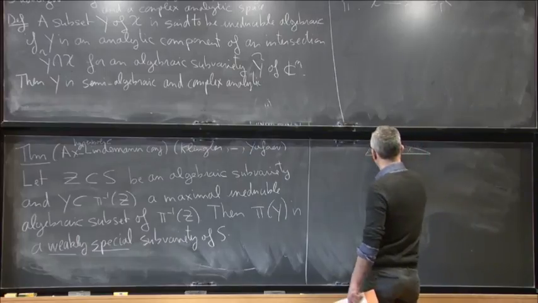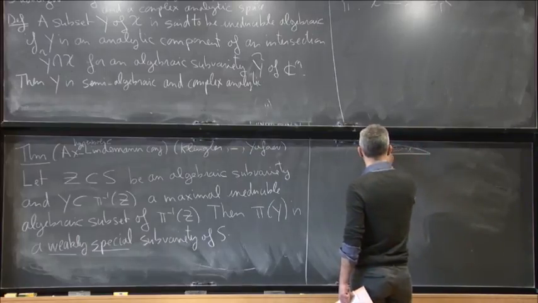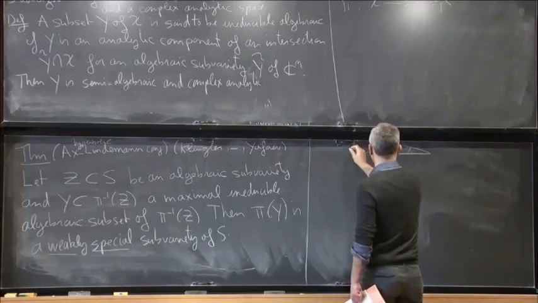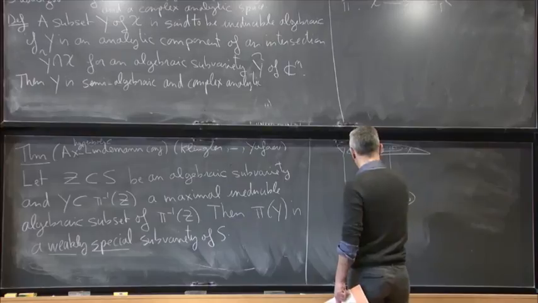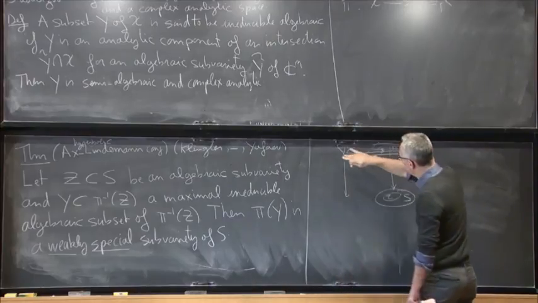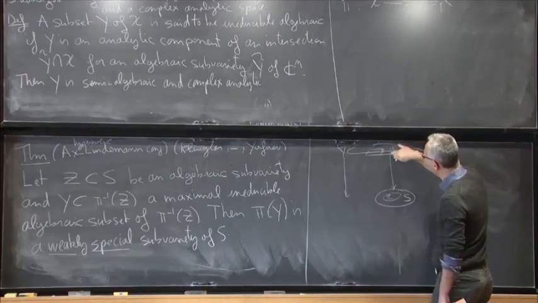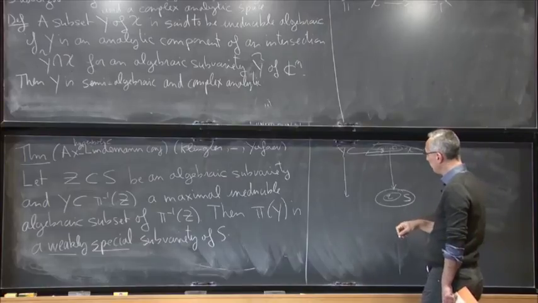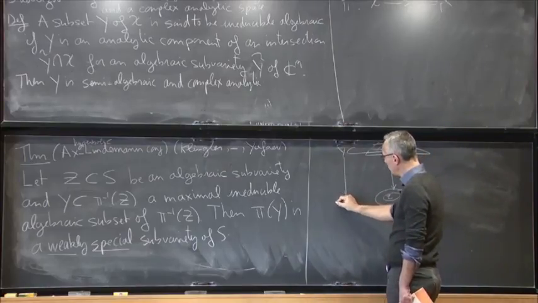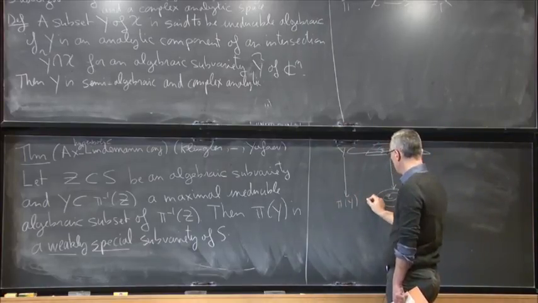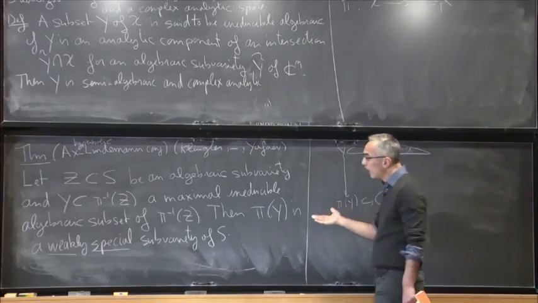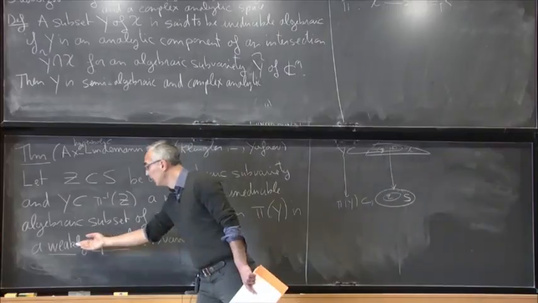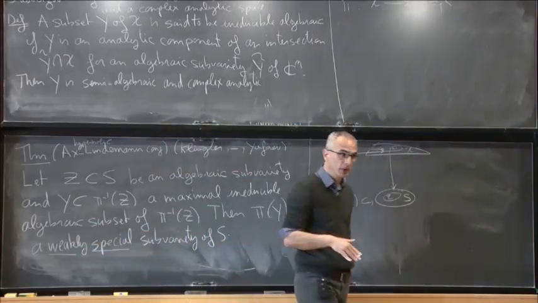And inside the inverse image, I consider Y, which is maximal algebraic inside this inverse image. And I consider pi of Y here. And I'm saying that pi of Y is essentially a sub-Shimura variety.